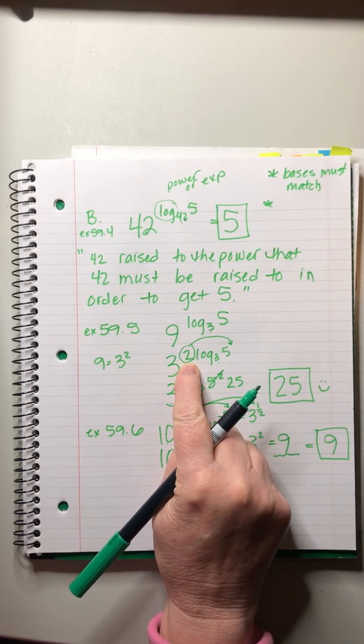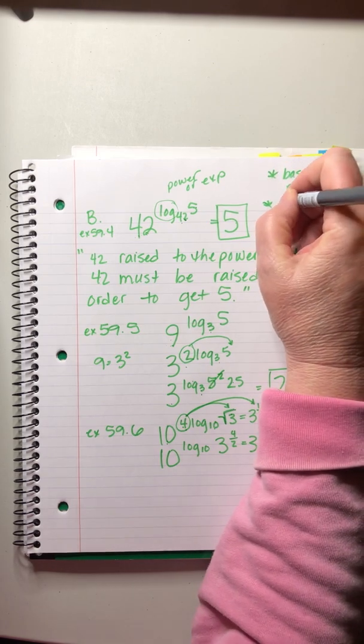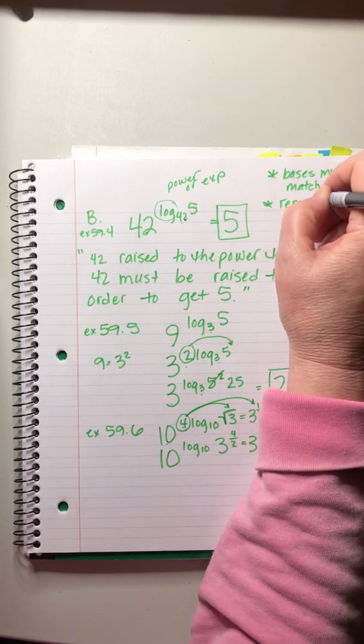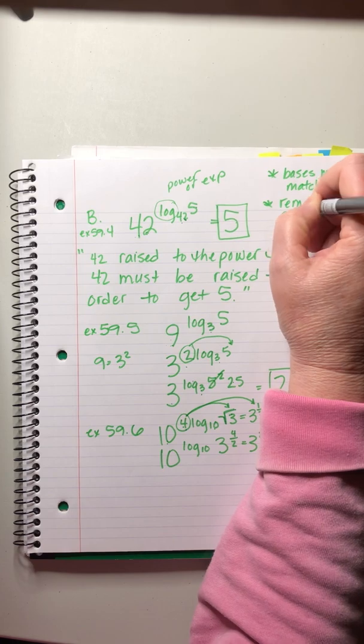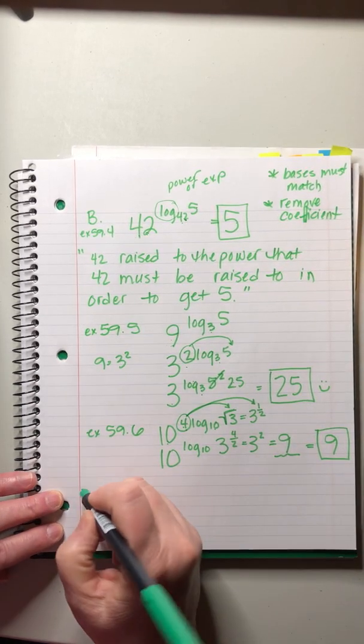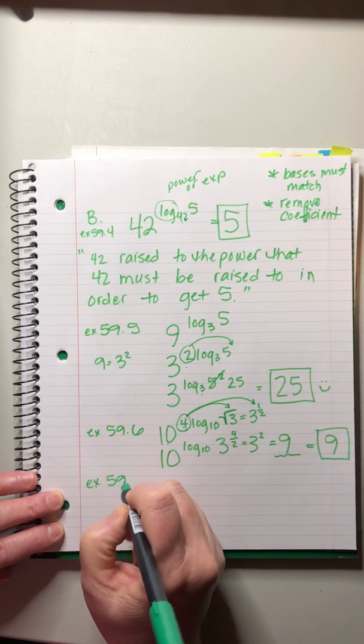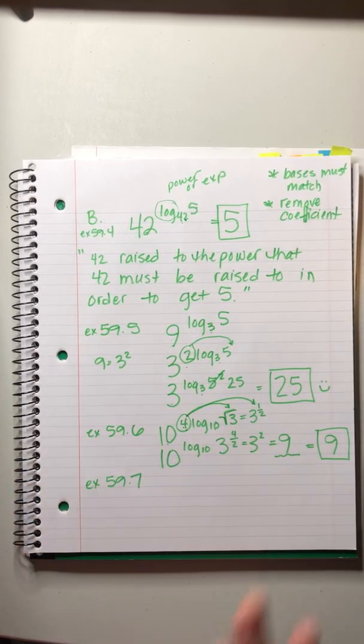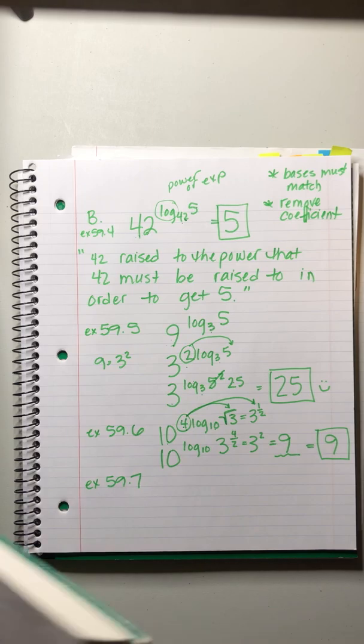Sometimes we have to use the power rule to get rid of the coefficient. So I'm going to write remove coefficient. Now let's see if we find any other tricks in these last few lessons. Let's try 59.7. There's not a lot of work to these. You just have to recognize the tricks.